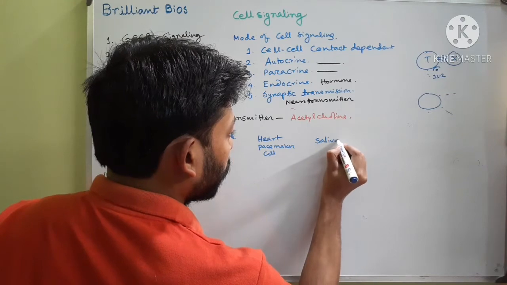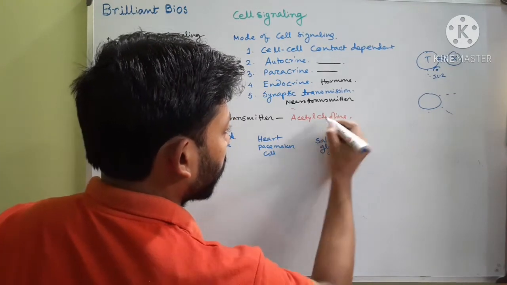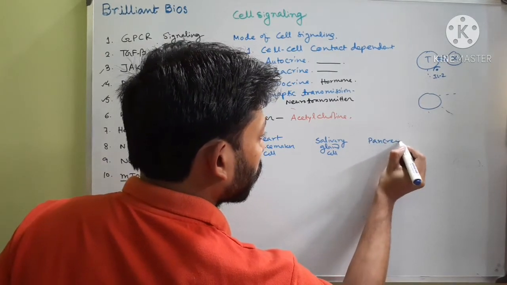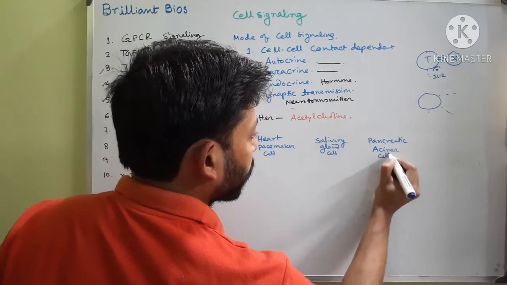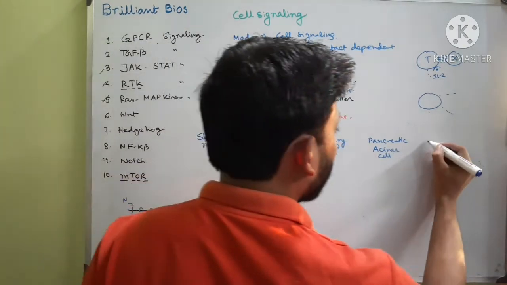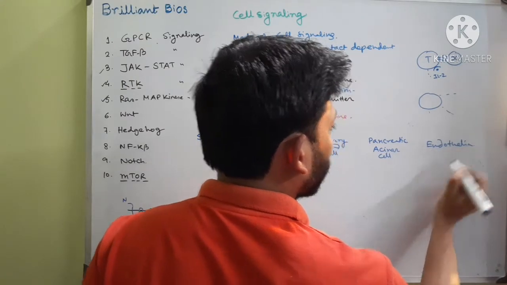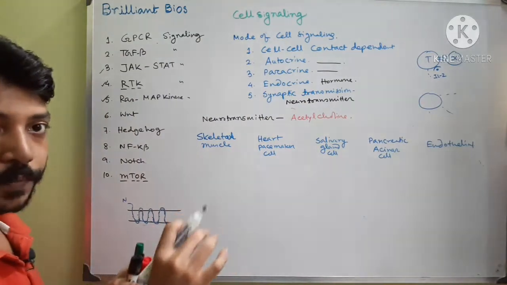Salivary gland cell can express acetylcholine receptor. Pancreatic acinar cells can express acetylcholine receptor, and there are endothelial cells. Endothelial means those cells that actually line the blood artery.